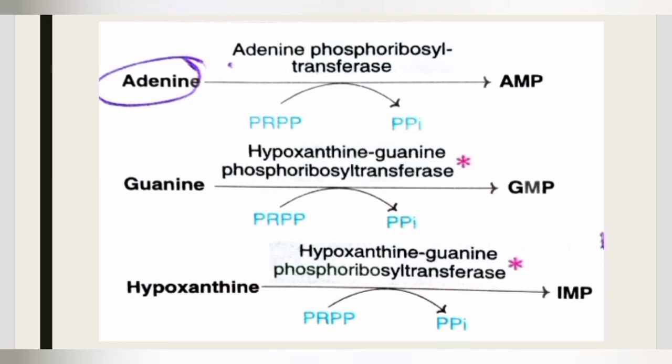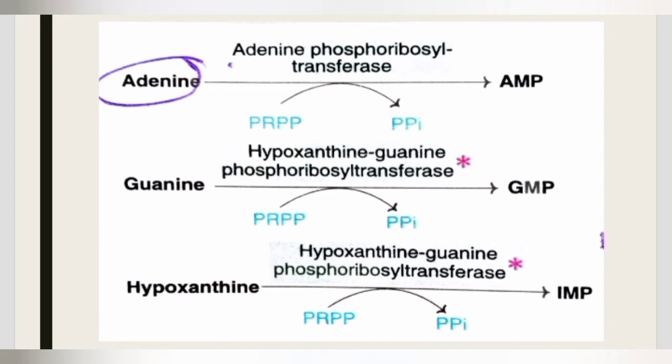Adenine phosphoribosyl transferase catalyzes the formation of AMP from adenine. Then hypoxanthine guanine phosphoribosyl transferase, or HGPRT, converts guanine and hypoxanthine respectively to GMP and IMP.